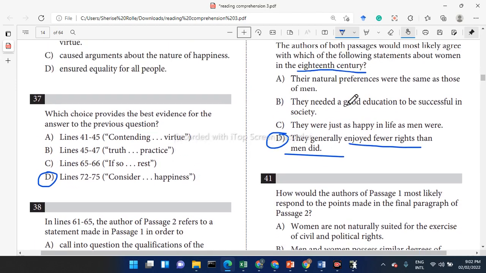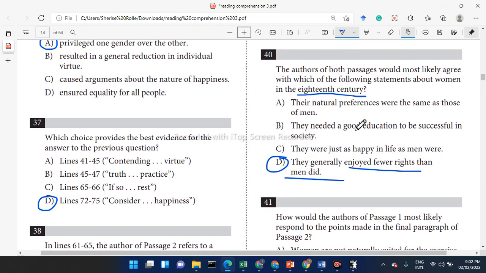Why did he put enjoy though if it doesn't mean what it says? No, it does mean that. They generally enjoyed fewer rights than men did. That's just another way of saying they generally had fewer rights than men did, or they were provided with fewer rights, or they generally had the opportunity to.